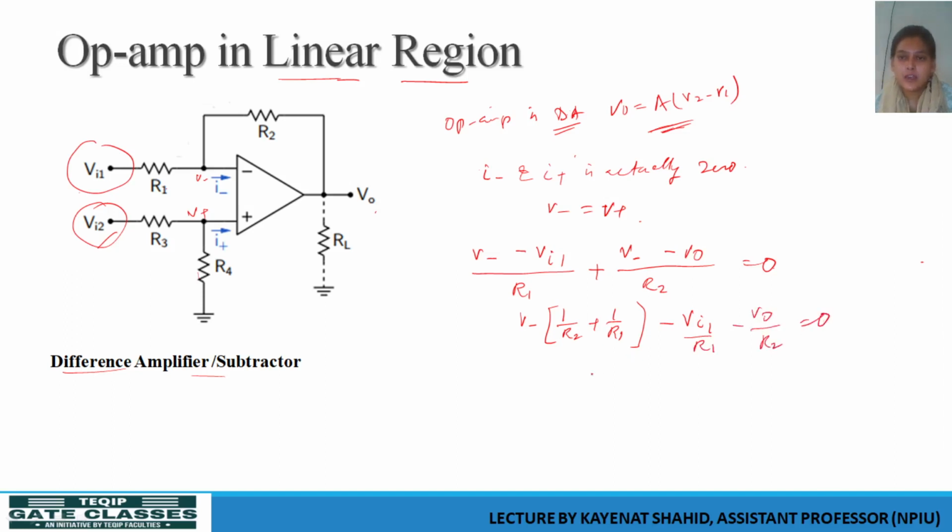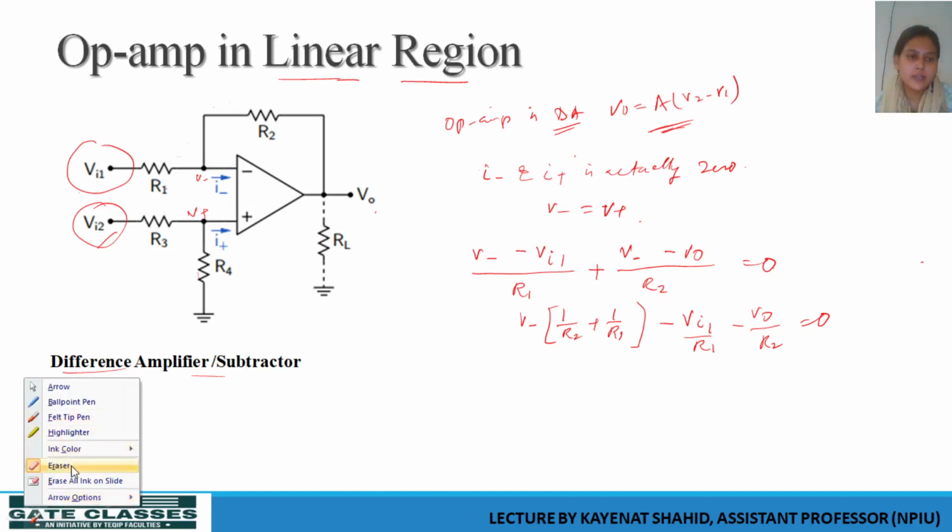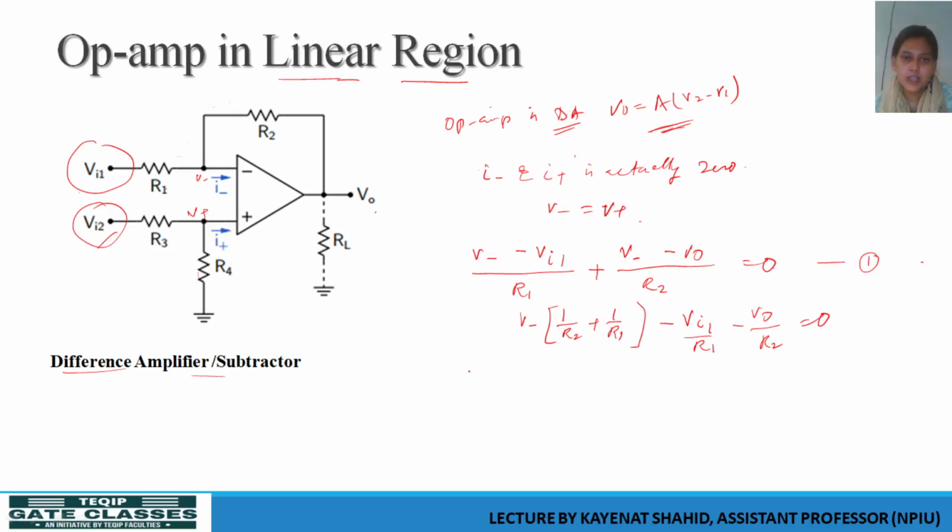We can again solve for VO, but let's keep it here now, and we apply KCL at the other terminal. If this is our equation 1, we can apply KCL at node V plus. So (V plus minus VI2) by R3, and V plus by R4 equal to 0.